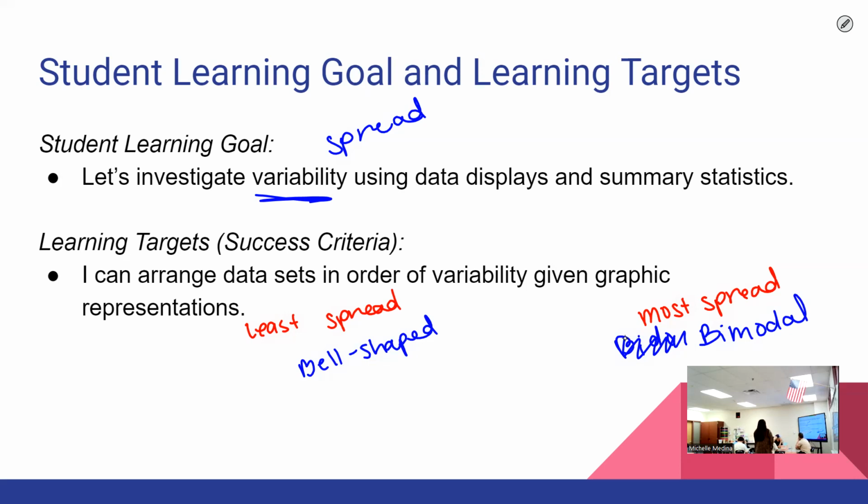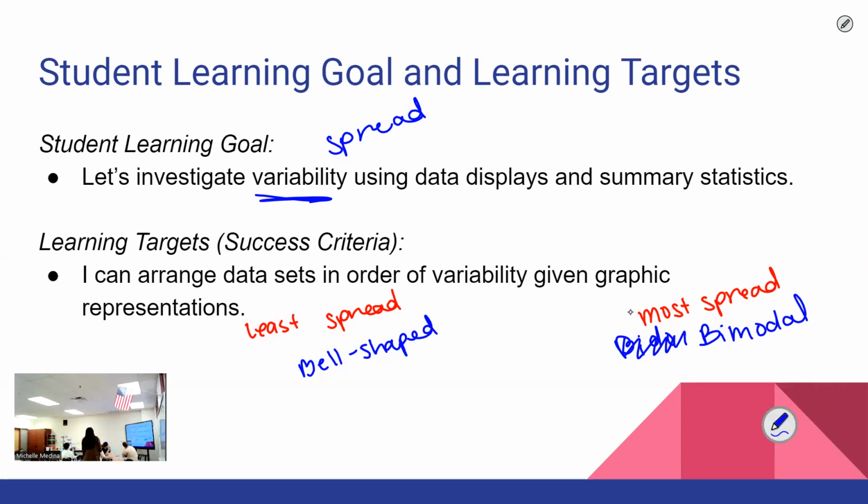Skewed. So would you say that that's more spread out or less spread out in comparison to these? I would say it's in between. It just depends on what it looks like. And then there's one more type of distribution. I don't remember what it's called.